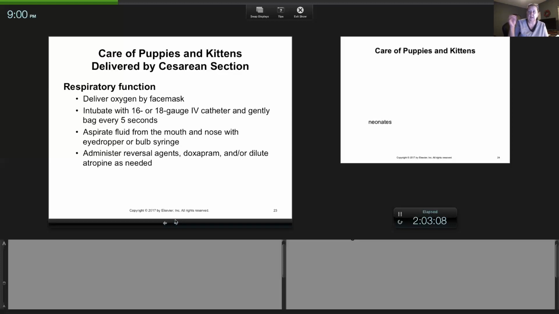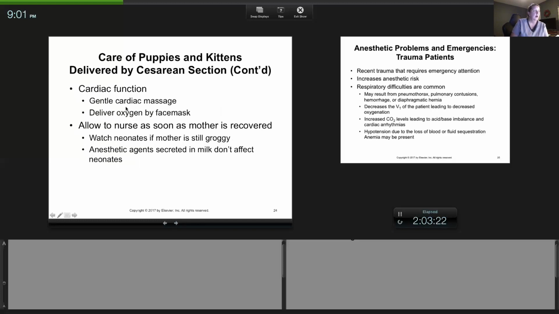You would give it to stimulate breathing in C-section puppies, and potentially give some atropine if their heart's not beating. So you have to try really hard to get them stimulated. You can do little cardiac massage on their chest, kind of go peep, peep, peep, try to get their heart beating, give them oxygen, and try to reverse any reversible agents.